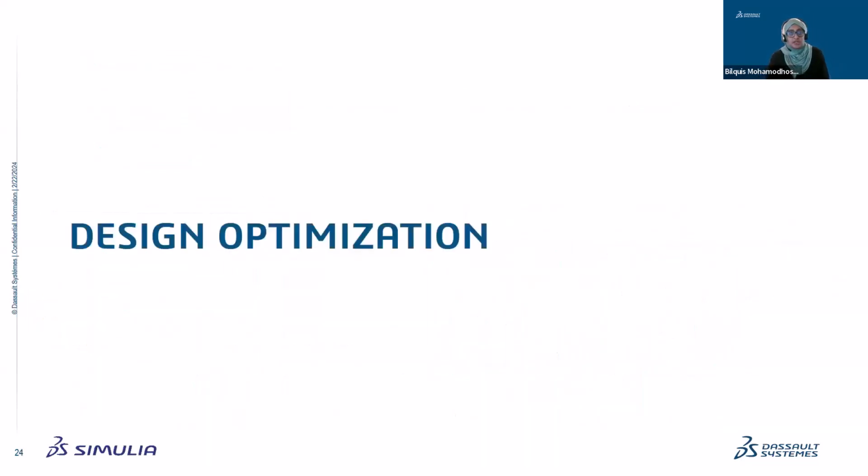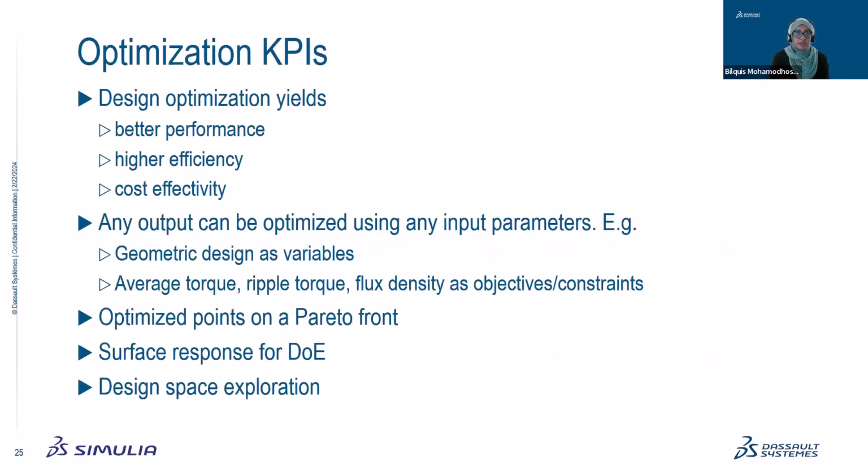So next one is design optimization. Design optimization has become very common over the last years for electrical machines in general, but also for other applications. What we always strive towards is better performance, higher efficiency, and also reduced costs in general terms.